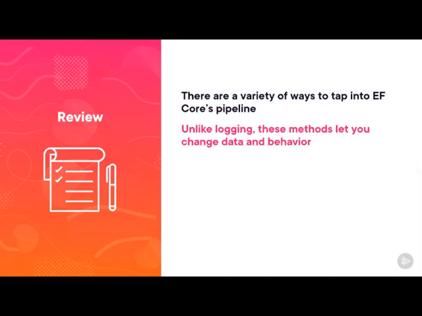You've just seen quite a few ways to tap into EF Core's pipeline, and unlike the logging, which can tell you a lot about what's happening in the workflow, the events and interceptors and virtual methods allow you to affect its behavior or even the data that's going into the database or what's being returned.